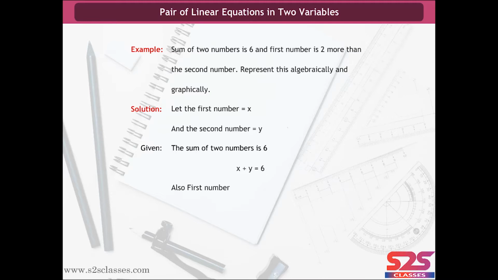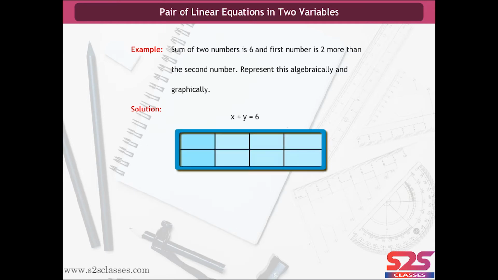Also, the first number is 2 more than the second number, so x = y + 2, or x - y = 2. Hence, the system of equations is x + y = 6 and x - y = 2.